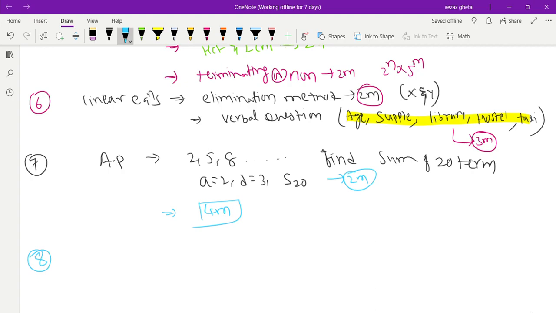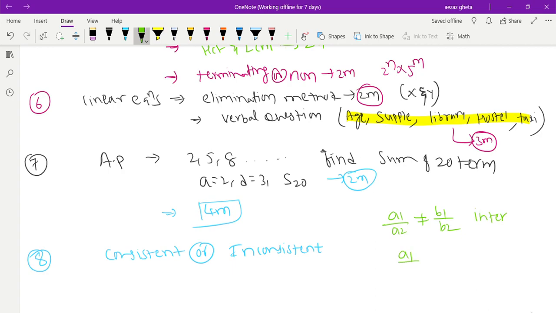Next, again, I missed something in linear equations, where they ask whether the lines are consistent or inconsistent. That question is very easy. You just need to remember: a1 by a2 is not equal to b1 by b2, then the lines are intersecting, and it is consistent. If a1 by a2 is equal to b1 by b2 but not equal to c1 by c2, then it is a parallel line, and then there is no solution.